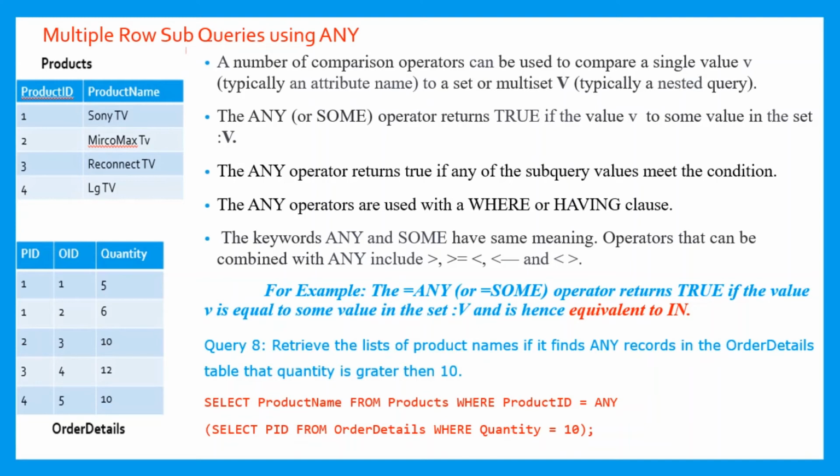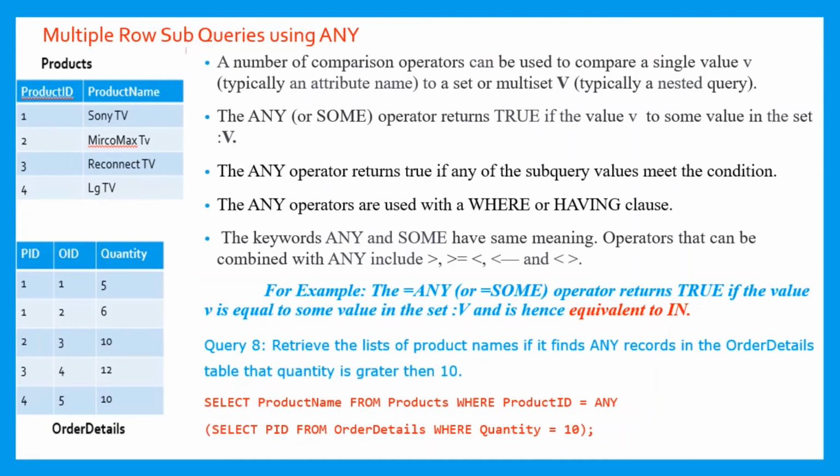For example, equal to ANY or equal to SOME returns true if the value v in the innermost query is equal to some value in the set V of the outermost query. The ANY operator is equivalent to IN if and only if ANY has been used with the equal to relational operator. Let us see an example.